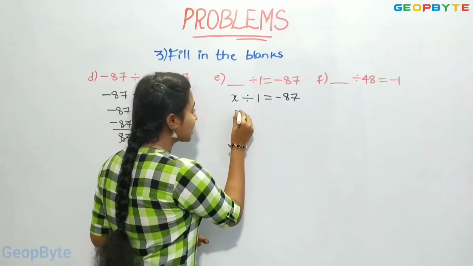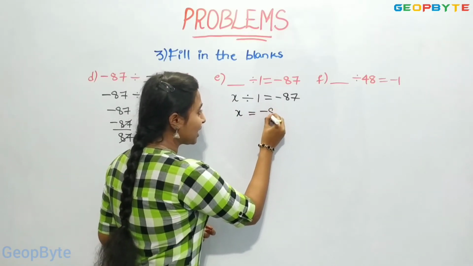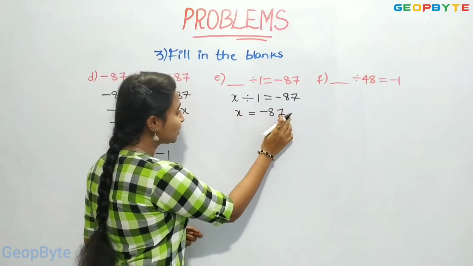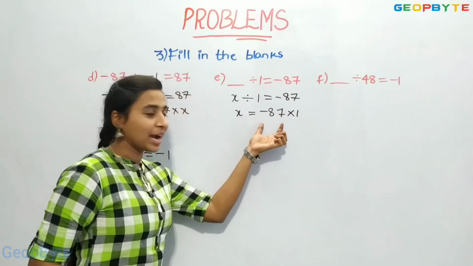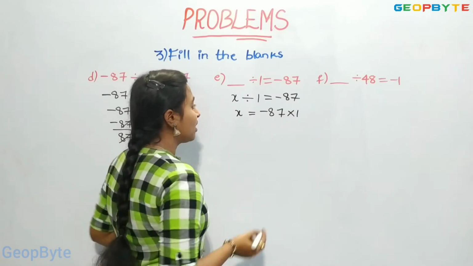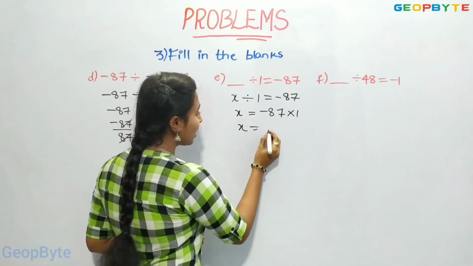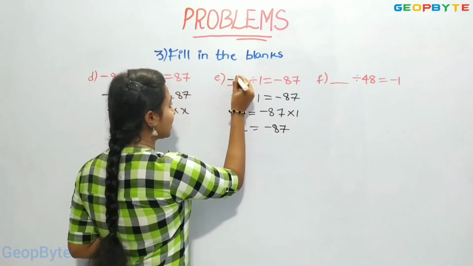So, let x be on the LHS is equal to minus 87. This divisor 1, when it goes to the right hand side, gets multiplied with the number minus 87. So, minus 87 into 1. Now, x is equal to minus 87 into 1, minus 87. Let us write.